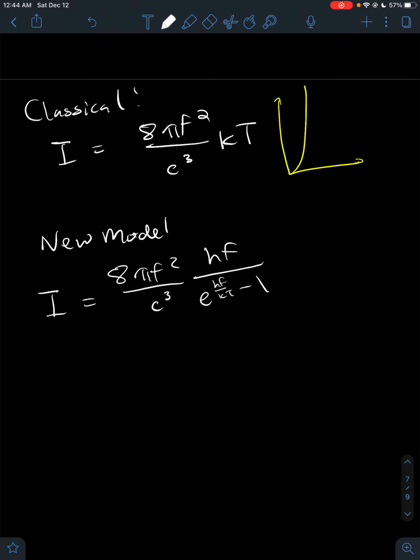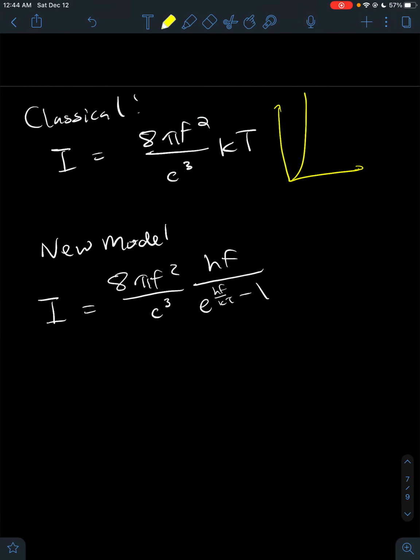Okay, and the graph that this model predicts is actually what we measure in reality, that sort of bell curve that we get, that upside down smiley face. And it actually matches what we actually observe. I'm not going to talk about how we derived this model.